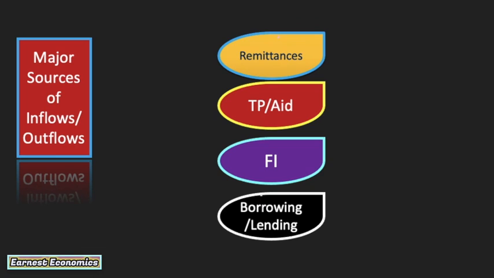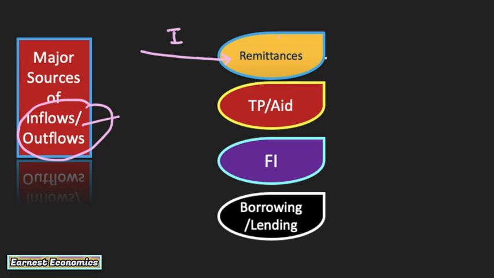Now, to conclude the session, we need to keep in mind that there are various sources of inflows and outflows, and we know inflows serve as injections and outflows as leakages. If remittances are coming from outside to our country, that is a case of inflow, and it will serve as an injection.